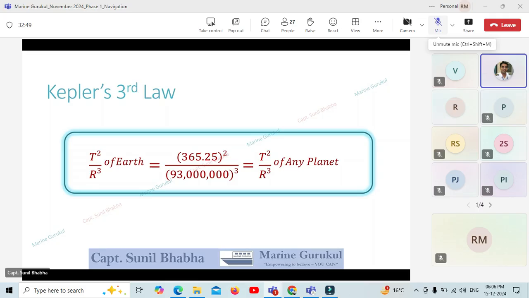No, see, what you are doing is you are comparing T squared by R cubed of Earth with the T squared by R cubed of any other planet. This 93 million miles is the mean orbital radius of the Earth's orbit. So this R which you will be calculating will be the mean orbital radius of that particular planet, which will be from the sun. Okay, so it's like a relative. Right, that's right. Okay, sir.